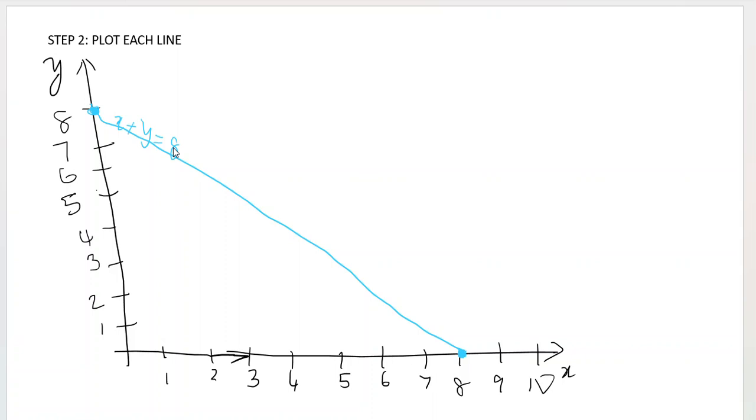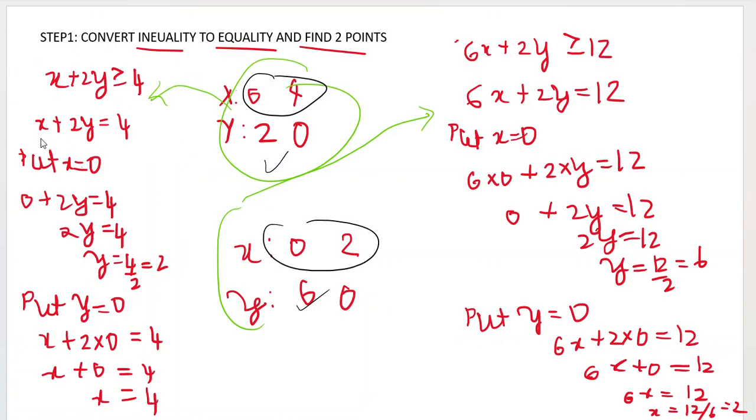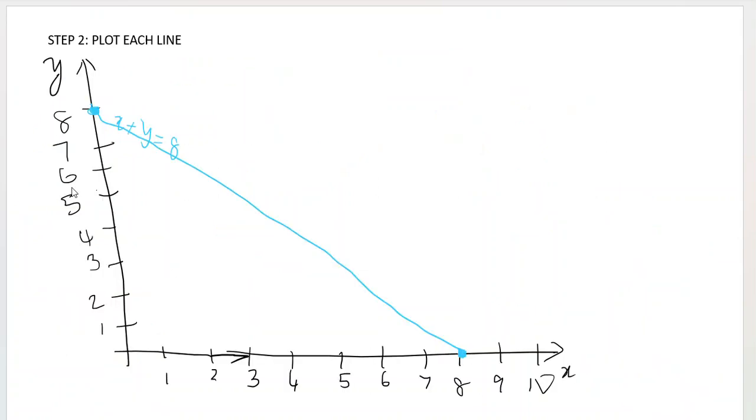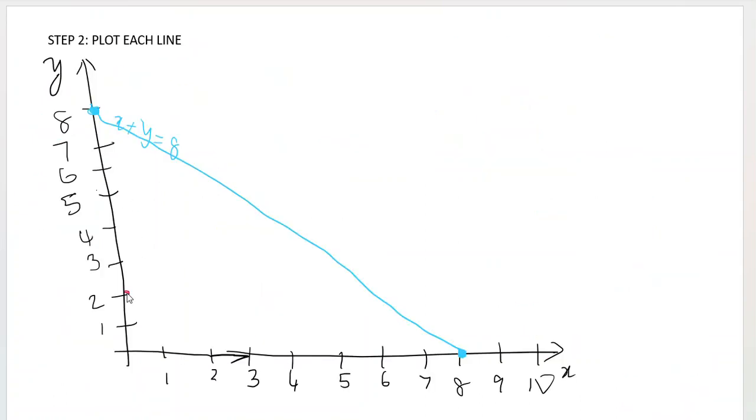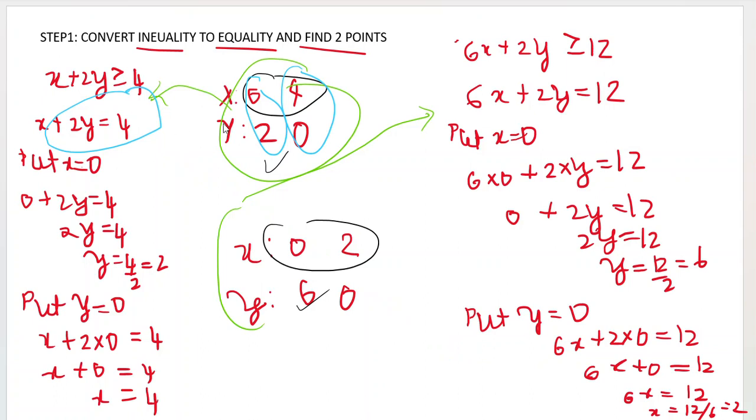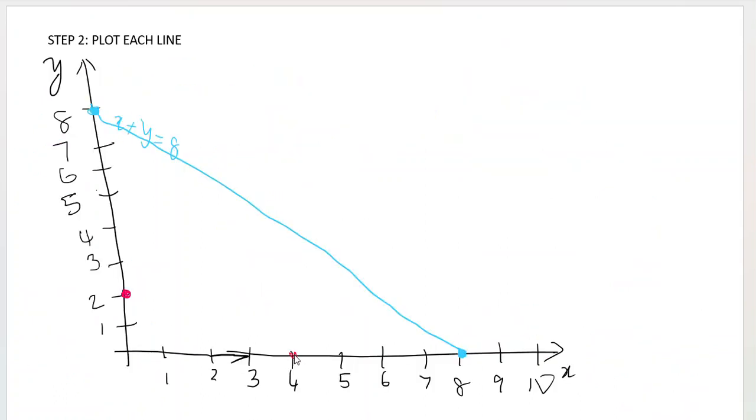Similarly, we now plot the second line. The second line is x plus 2y equal to 4, and it has points 0, 2 and 4, 0. So x 0, y 2 is this, and x 4, y 0 is here.